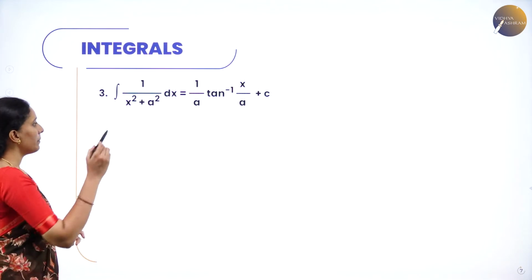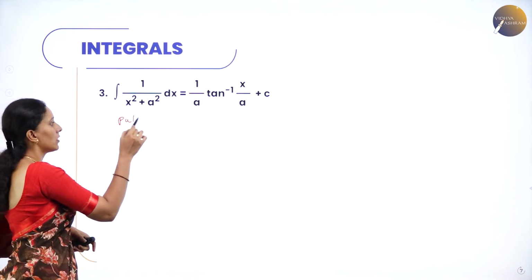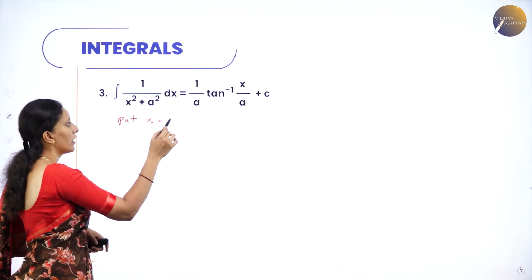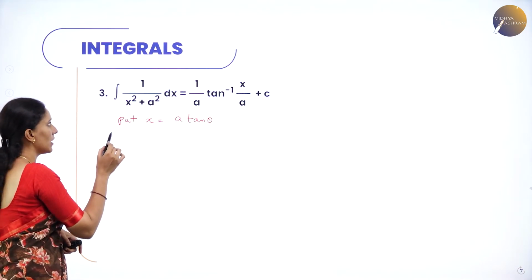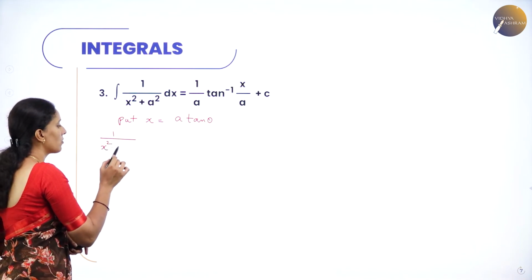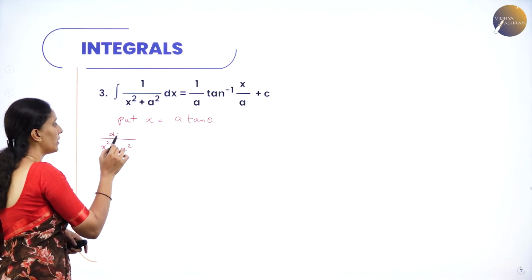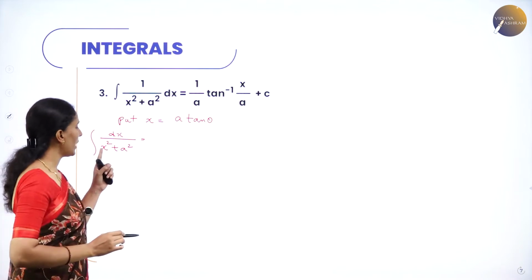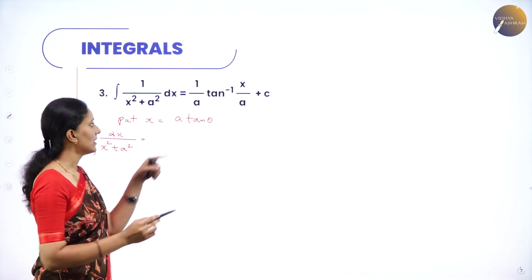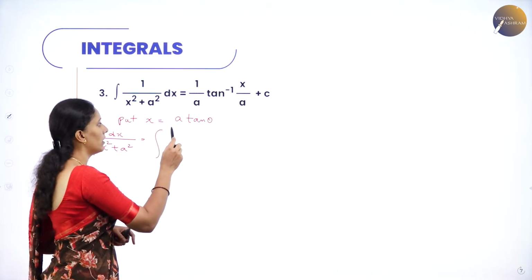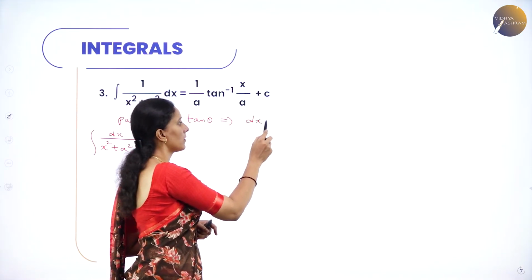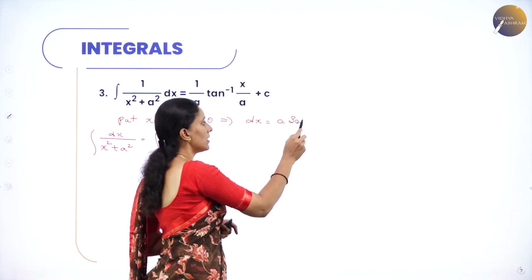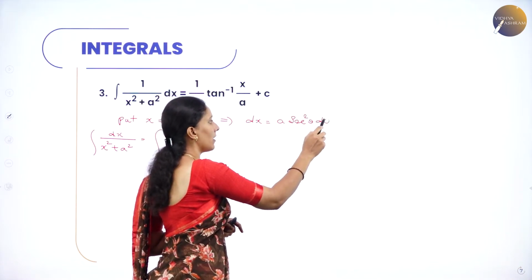So here let me put x is equal to a tan theta. So let us consider the LHS here: 1 over x square plus a square into dx we have. So I have to take x as a tan theta. Therefore this implies dx is equal to a secant square theta d theta.